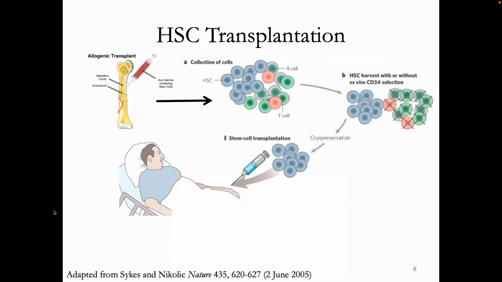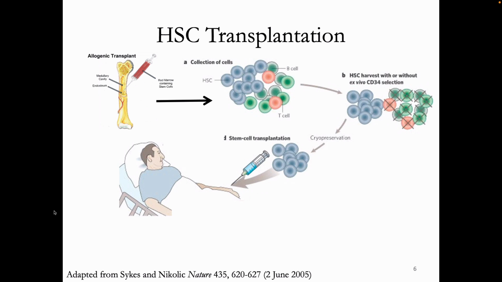We left off last time with the idea that fortunately now we have a way to get around graft versus host disease, which is that we now don't do full bone marrow transplantation. Instead, we purify the hematopoietic stem cell, or the HSC, out of the bone marrow and transfer just purified hematopoietic stem cells instead of that full bone marrow.